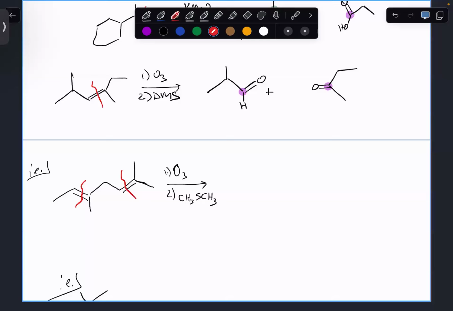All right, so my left-hand piece is going to look like this. And because this is ozonolysis, that means we're going to make an aldehyde. The central piece is one, two, there's 4 carbons.